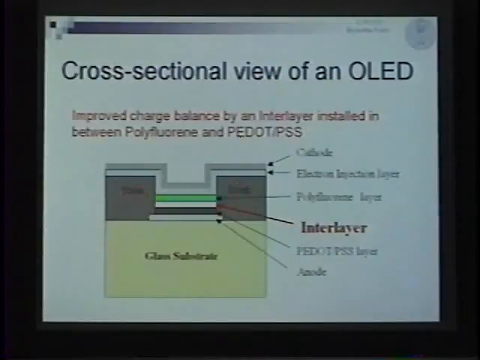We need a bank to define a pixel emitting area. And the new point is employing an interlayer. This interlayer can improve the charge balance, so we can get higher efficiency and a longer lifetime.